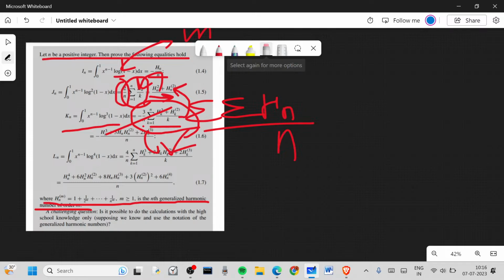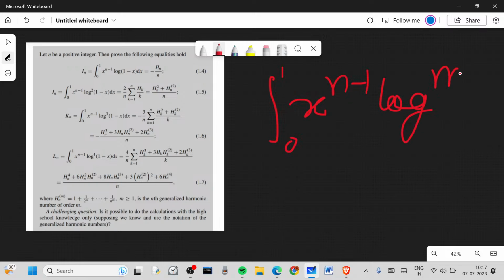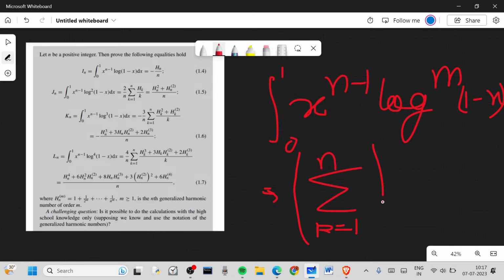Before deriving, we can simply write what the generalization is. The integral from 0 to 1 of x^(n-1) ln^m(1-x) dx is equivalent to the sum over k from 1 to n, and we write this sum m minus 1 times, I guess. For m equal to 1 we write the sum 0 times, for m equal to 2, 1 time, right? m minus 1 times.